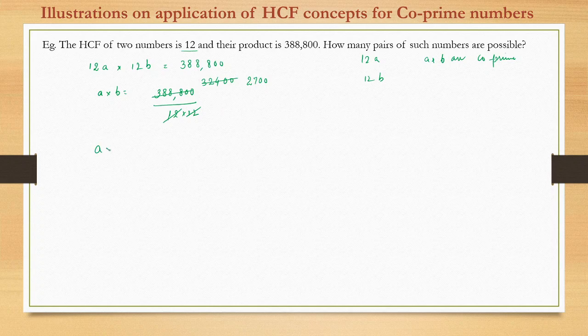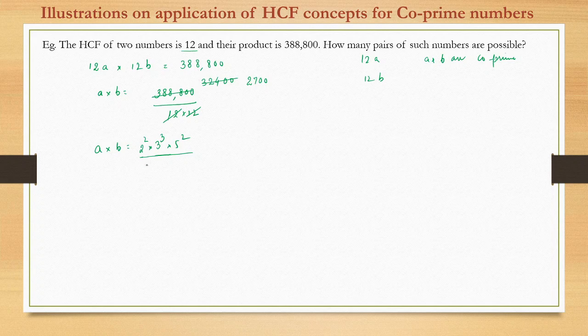So a into b is 2700, that is nothing but 2 square into 3 cube into 5 square. So this is what we get here, right? So this boils down to the number of ways in which we can write this number 2 square into 3 cube into 5 square as a product of two co-prime numbers.